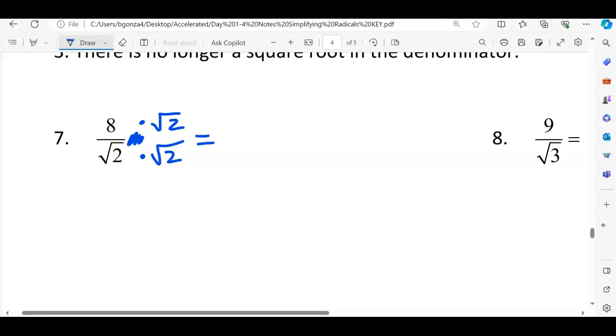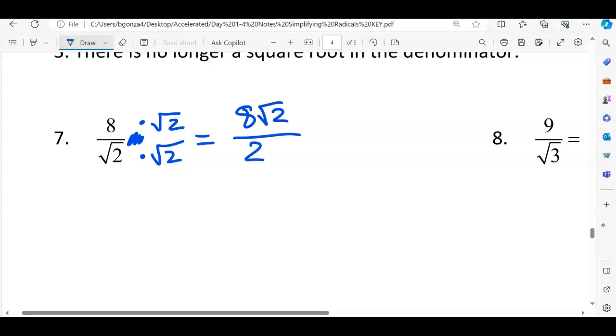On top, by the way, y'all need to learn how to do this because we are not accepting decimal answers, because we need nice, clean, radical, simplified form. Okay? So on top, 8 times the square root of 2 is regular number, square root. Take them together. 8 square root of 2. On the bottom, what's square root of 2 times square root of 2?